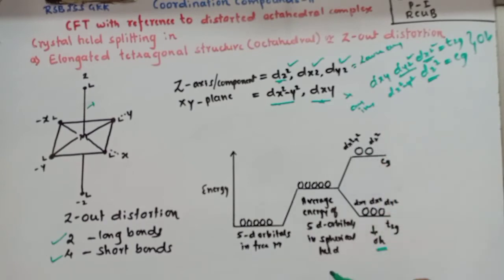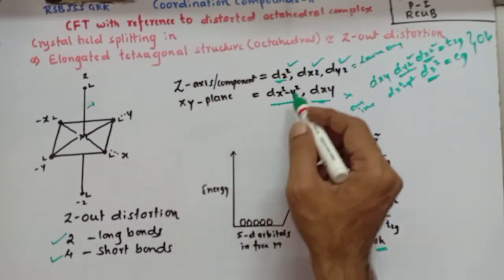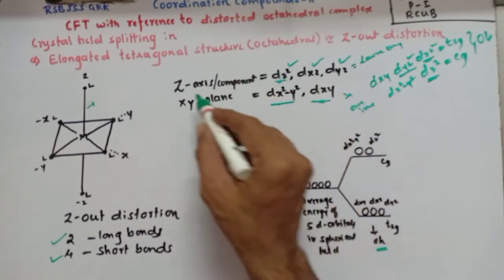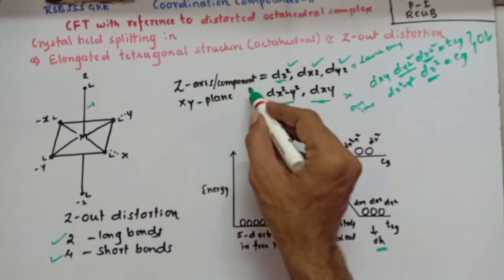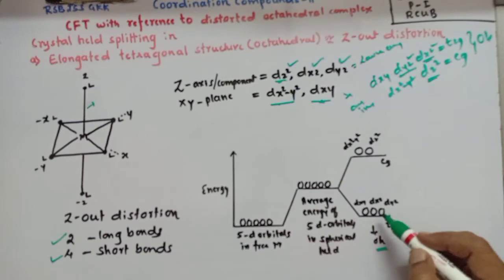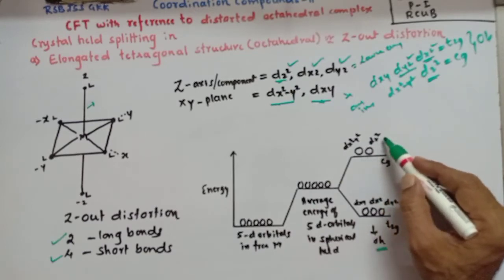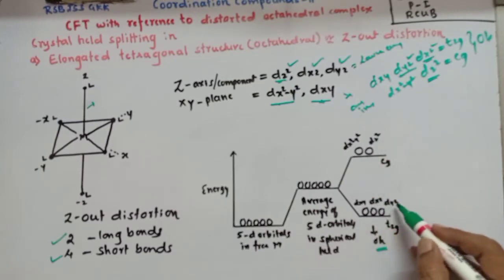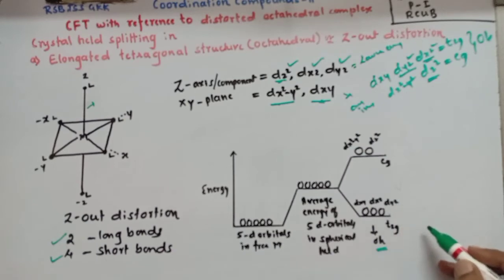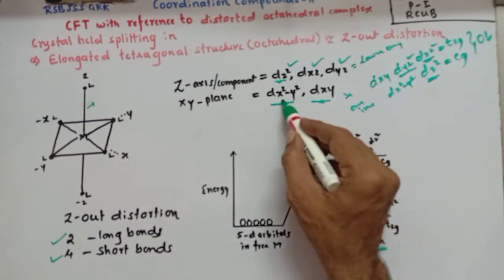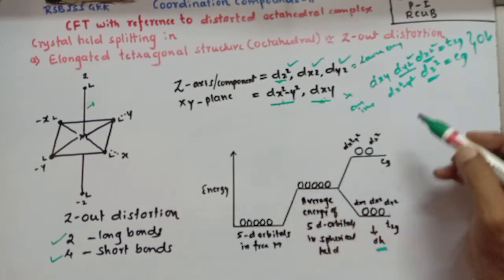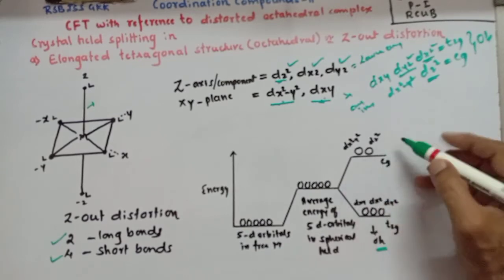From the discussion, it is clear that the orbitals with a z component, that means dz square, dxz and dyz, decrease in energy, whereas dx square minus y square and dxy increase in energy. We have to show that in this diagram.